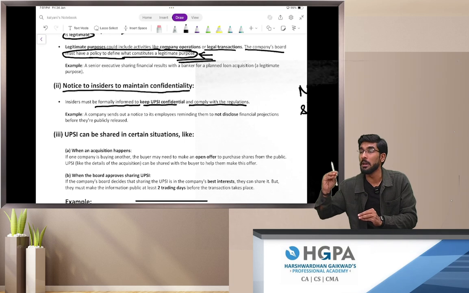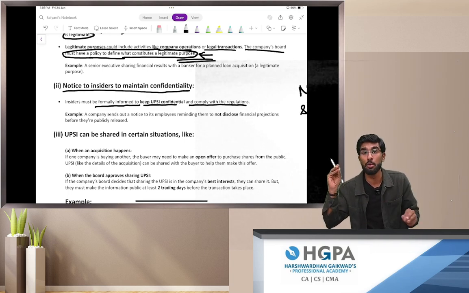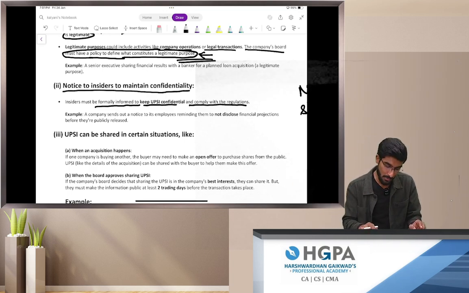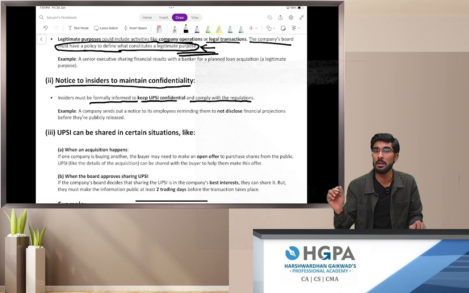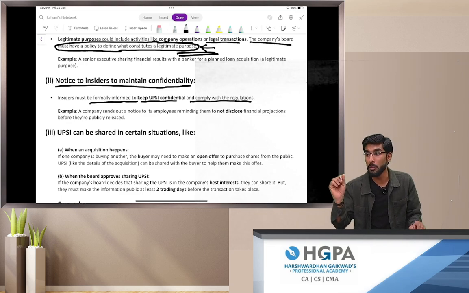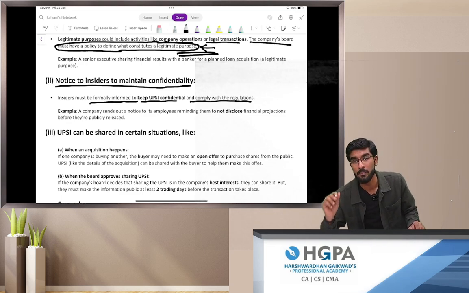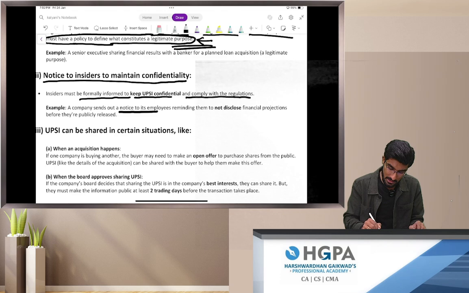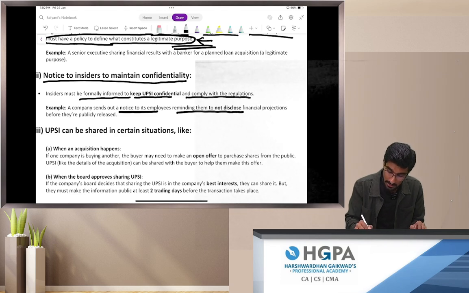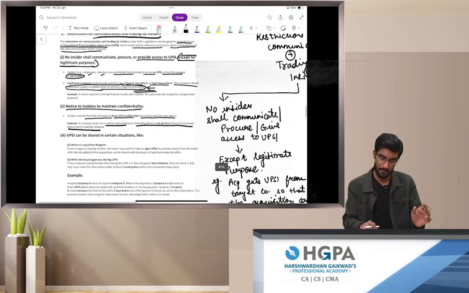He should not communicate it to any persons related to him. So every insider should be given a notice about how to maintain the confidentiality of the UPSI. A company sends out a notice to its employees reminding them not to disclose financial projections before they are publicly released.